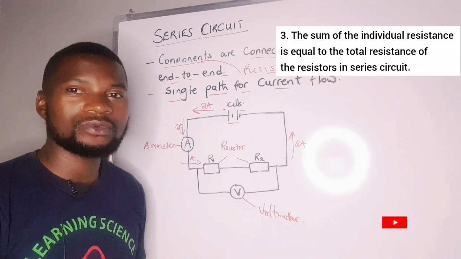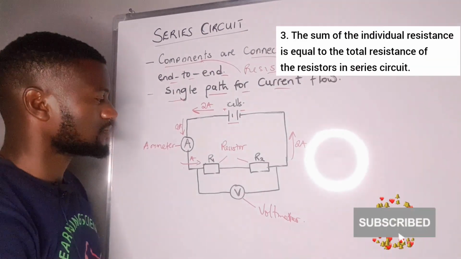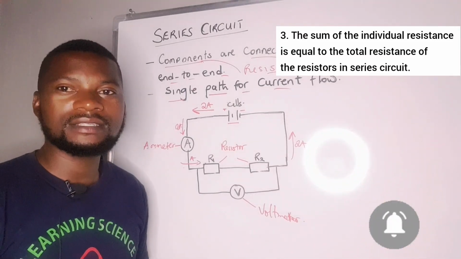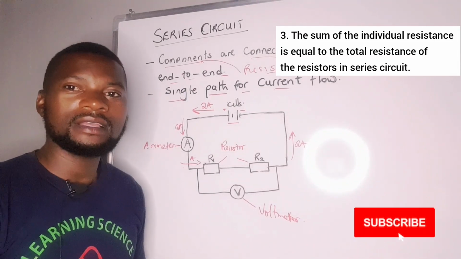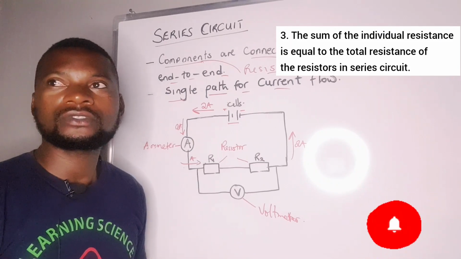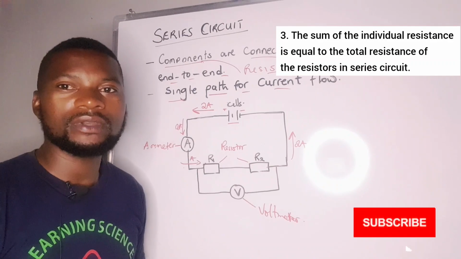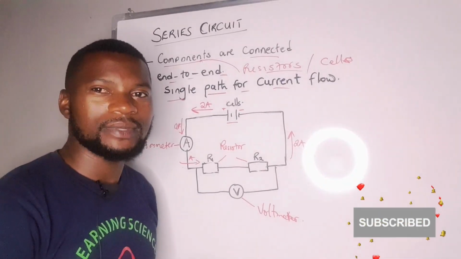The third rule is that the sum of the individual resistances is equal to the combined resistance of the components. What does this mean?